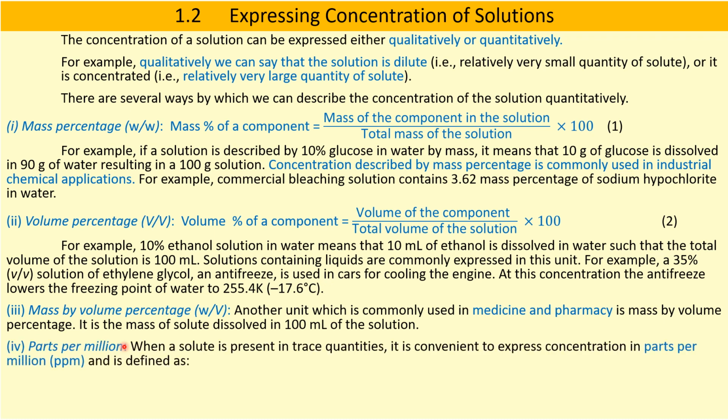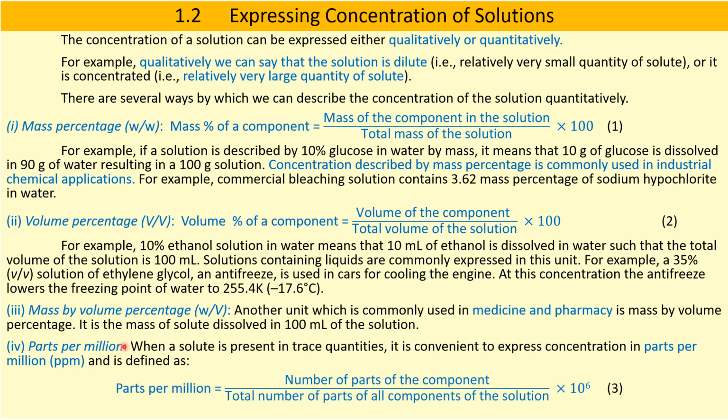The next category is parts per million. When a solute is present in trace quantities, it is convenient to express concentration in parts per million, written in short form as ppm, and is defined as: parts per million is equal to number of parts of the component divided by total number of parts of all components of the solution into 10 to the power of 6.